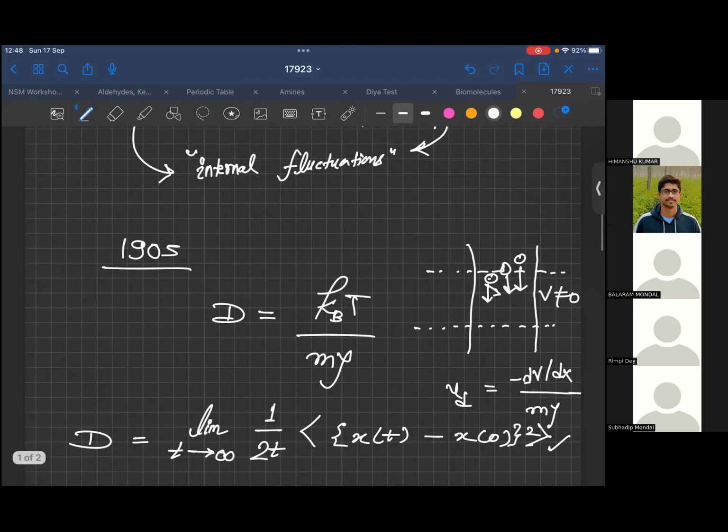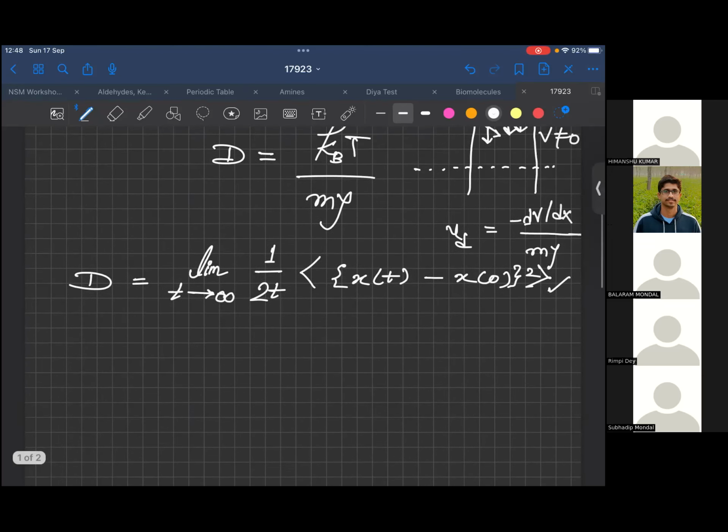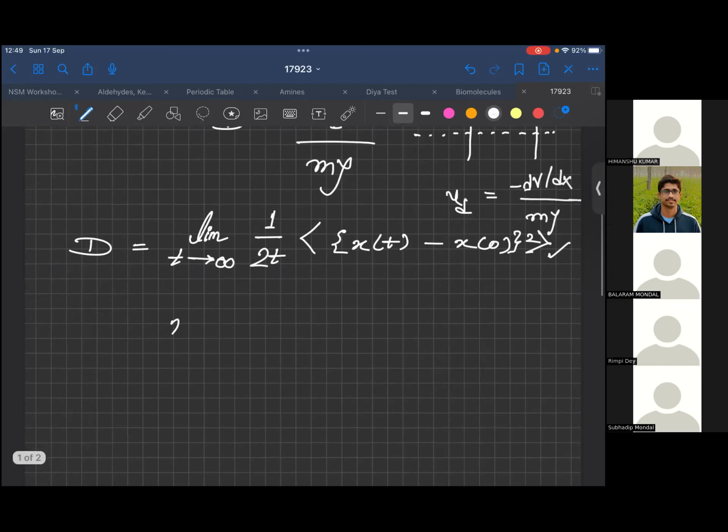Now, we know that the position of a particle, x(t) minus x(0), can be given as its velocity over time.